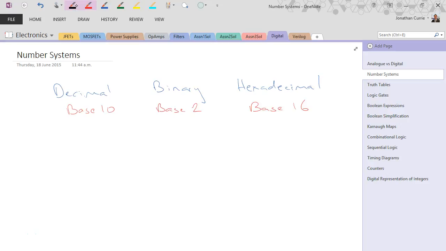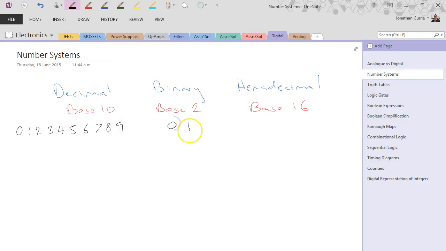And what this basically means is how many different characters, or digits you may prefer, are represented by that number system. Now in decimal we have, as we all know, 0 through to 9. It's obvious that we don't go up to 10 because, including 0, there are 10 digits here, not counting up to 10.